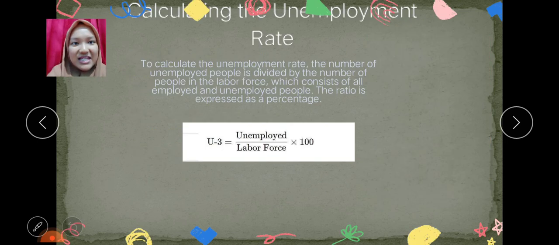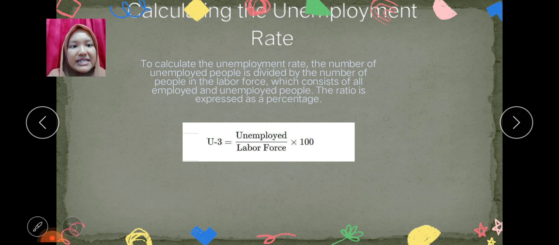Okay, this is how to calculate the unemployment rate. To calculate the unemployment rate, the number of unemployed people is divided by the number of people in the labor force, which consists of all employed and unemployed people.